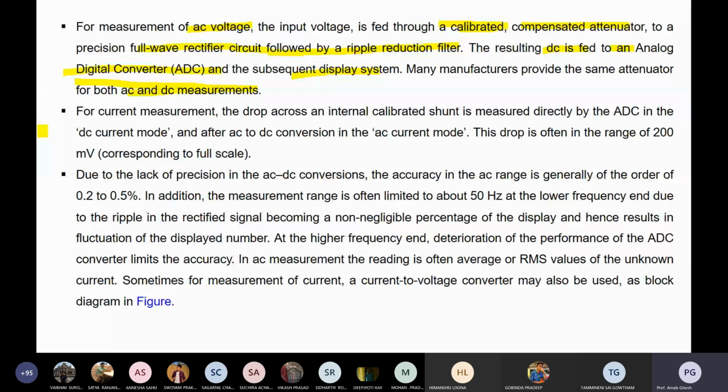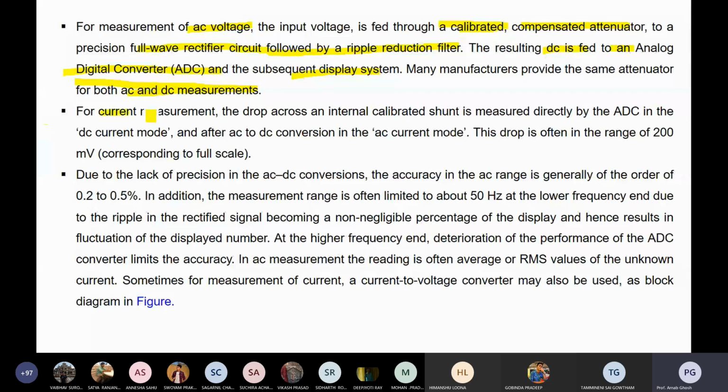The next point is the current measurement. The first one was your voltage measurement. Now we are going for current measurement. In current measurement, the drop across the internal calibrated shunt is measured. Why is it called calibrated? Because at any instant that value should not change. Under all necessary conditions, that value should be the standard value.